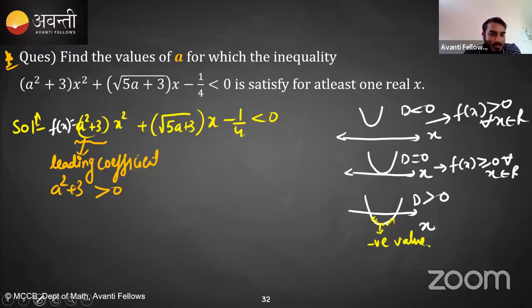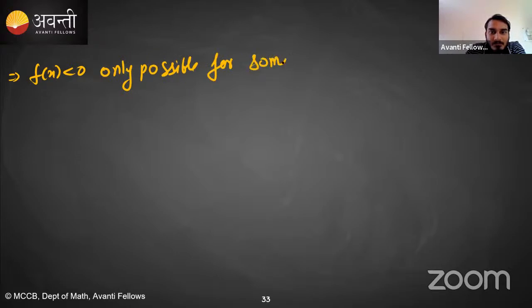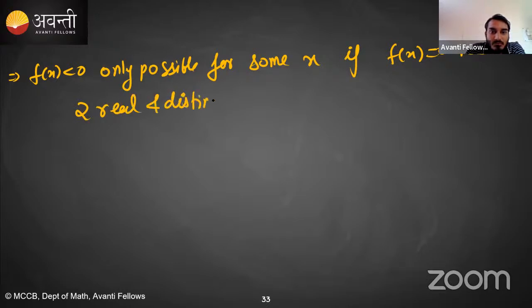It means f of x is less than 0 only possible for some x if f of x equal to 0 has two real and distinct roots.